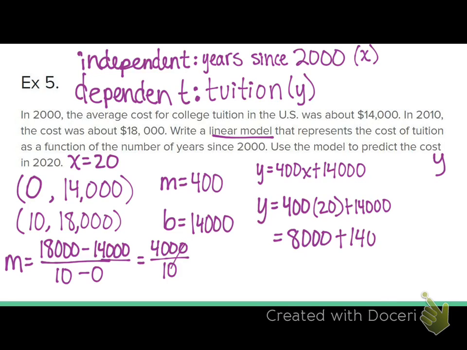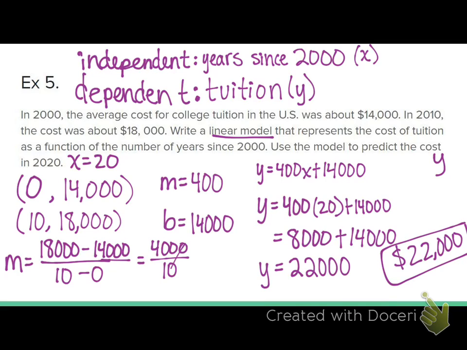And then we add the 14,000. We would get 22,000. So we would estimate that the average cost for tuition in 2020 is going to be $22,000 per year.